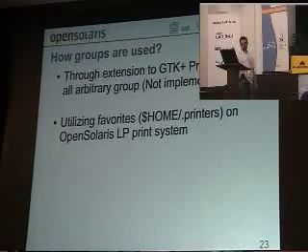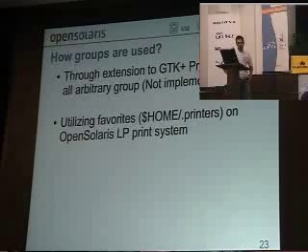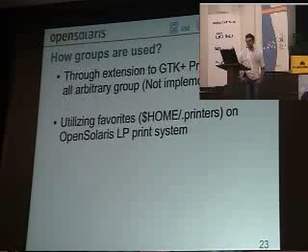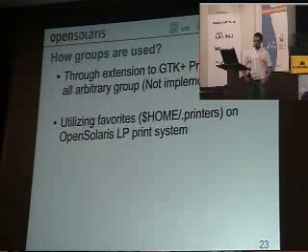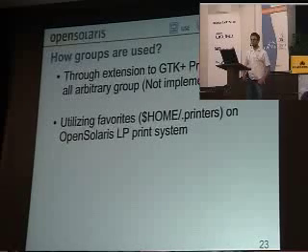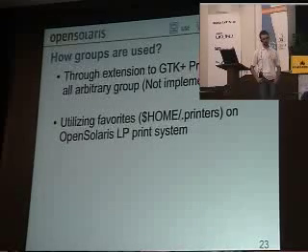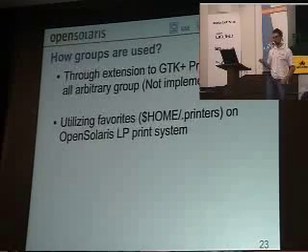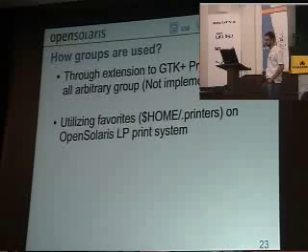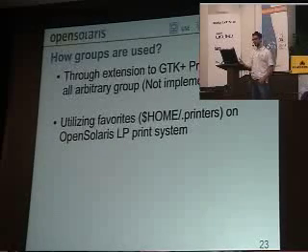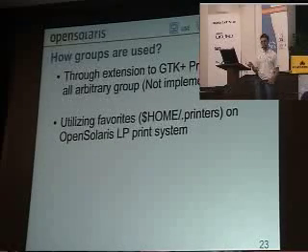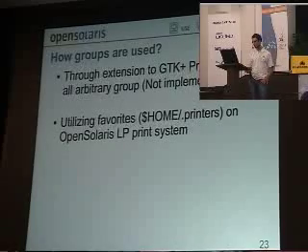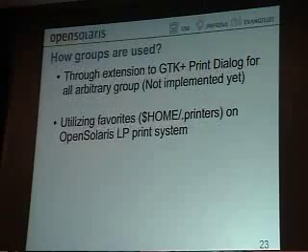So why those groups and how are they used? They are used in phase 2. There is a plan to use those groups in the printer dialog. So when someone hits the print button, it will be easy to find the appropriate printer and print to this printer. And also it's utilizing favorites from the .printers file.